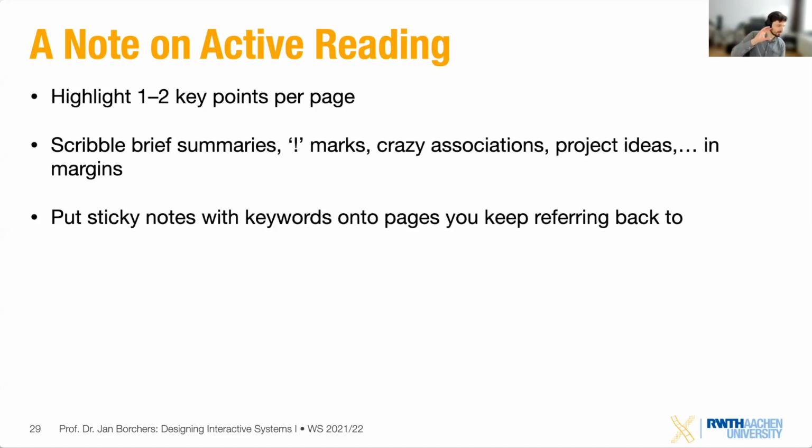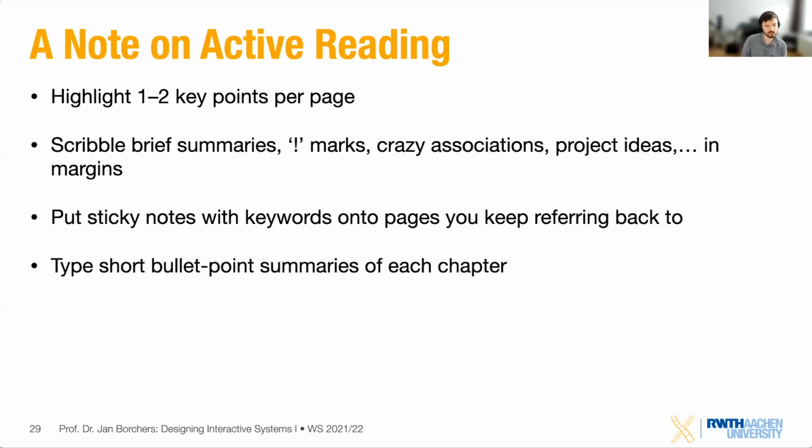But I would recommend using sticky notes for important keywords such that you can quickly find the passage in the book you are trying to find some information about. And if you're very encouraged, make summaries of the chapters. This is very, very helpful, but this is something we have seen rarely in the past. But if you do this, you can be sure that you keep the things in the chapter in your memory.